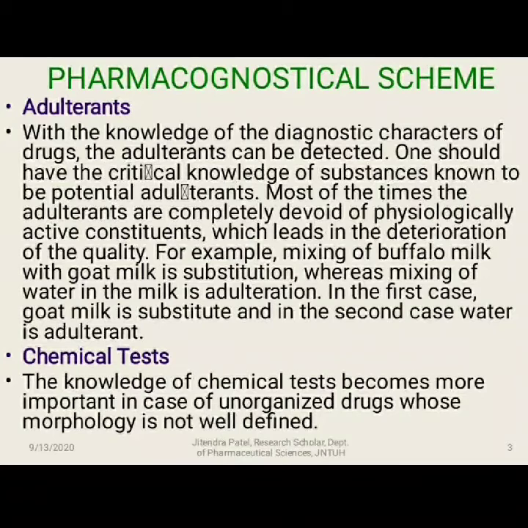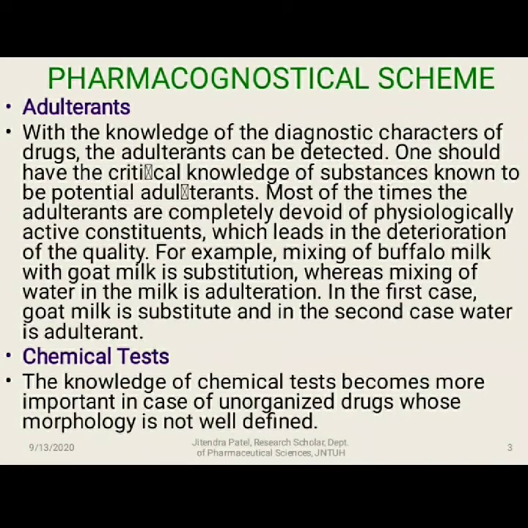Here we need to trace the adulterant or substitution, right? Knowledge of chemical tests becomes more important in the case of unorganized drugs whose morphology is not well defined. Suppose benzoin, resin, or carbohydrate containing crude drugs, latex, juice, or many decoctions used as crude drugs, where things are not organized, we cannot trace them by microscopical examination.